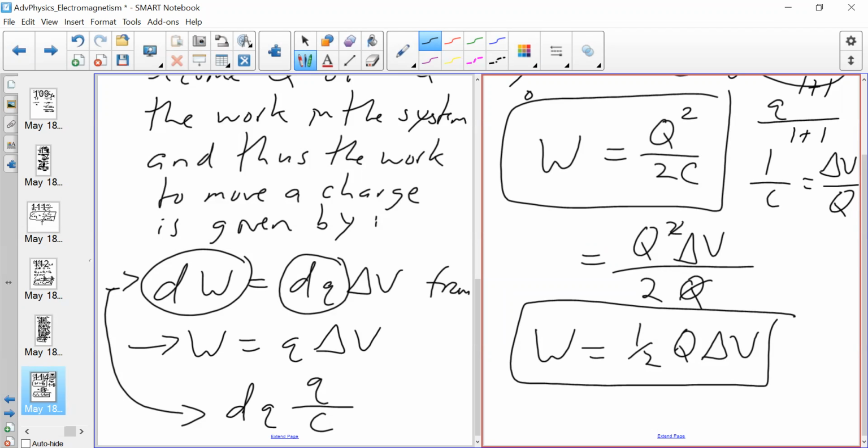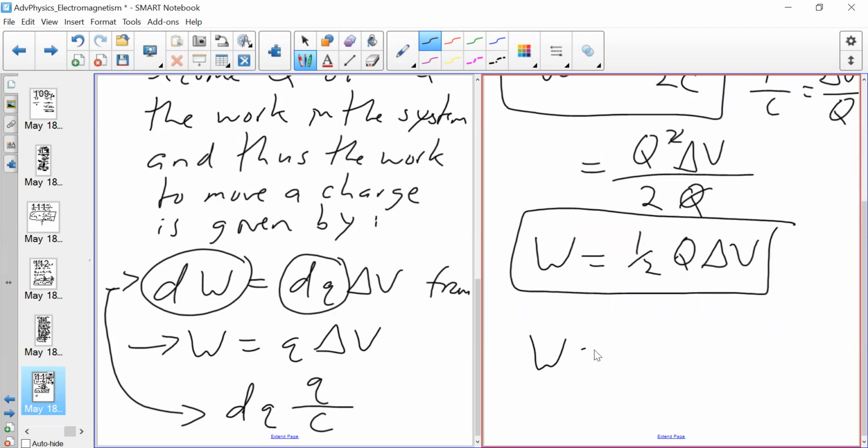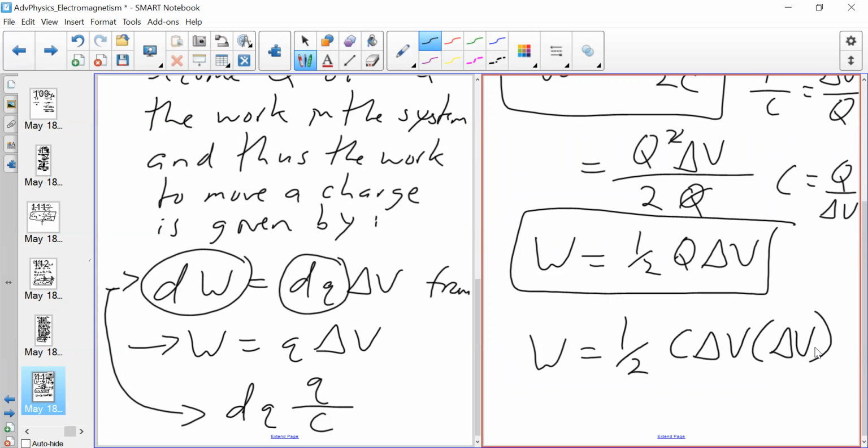All right, and then our last, one other equation for work. So 1/2 Q delta V. We know that Q is equal to C times V, so solving for Q is C times delta V. This becomes 1/2 C delta V squared.